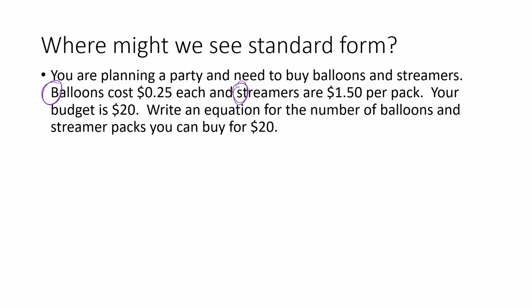The expression for that would be 25 cents times the number of balloons. So you're paying 25 cents per balloon. Added to that, $1.50 times the number of streamer packs. That's how much you're spending, and all of that needs to equal $20.